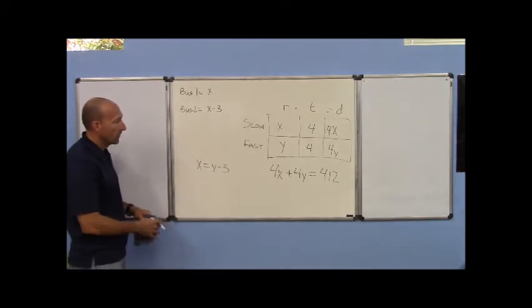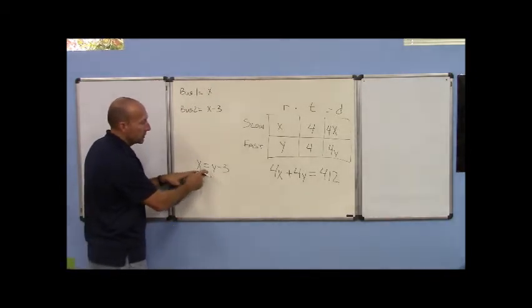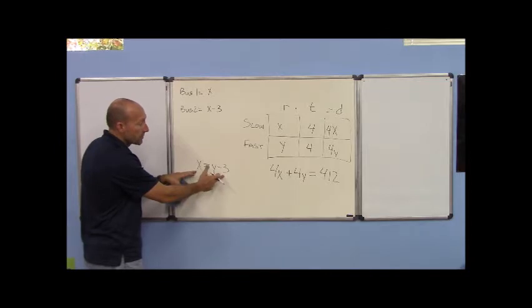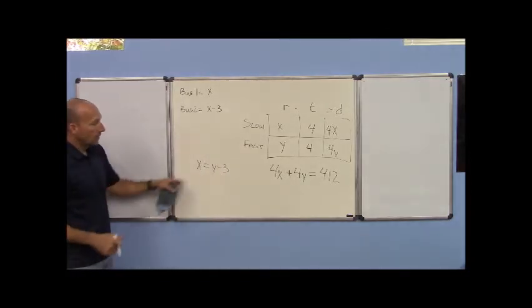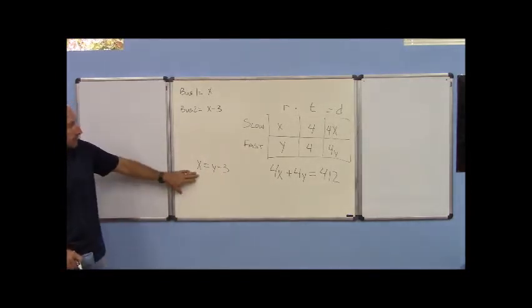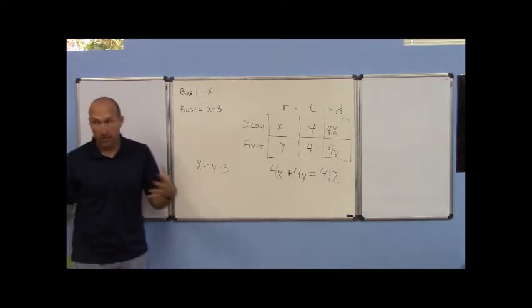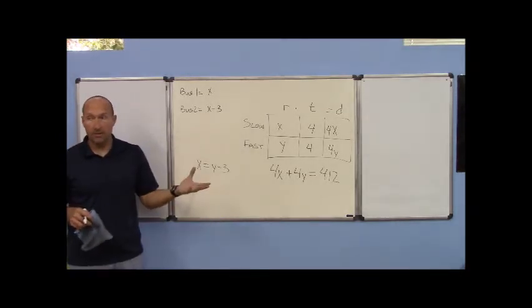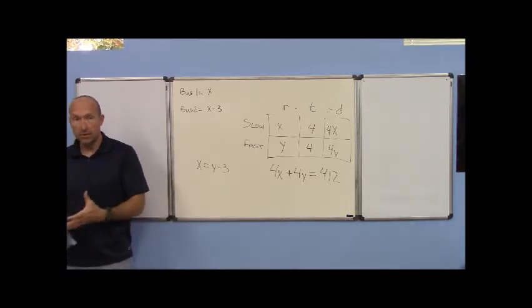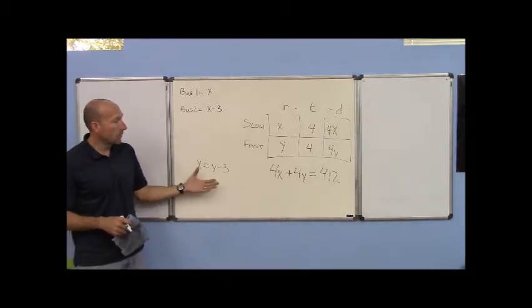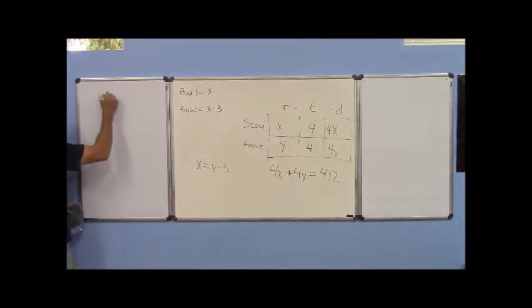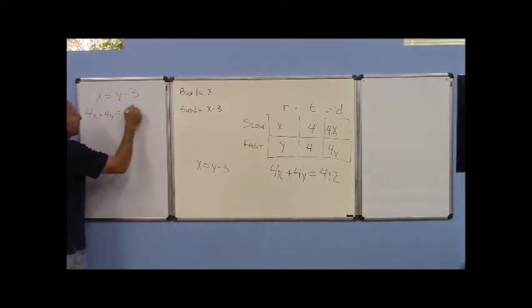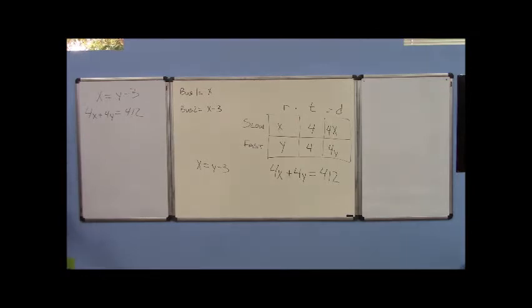We also know that the slow one is traveling 3 miles an hour slower than the fast one. Well, here we can use whichever method we want from what we've learned. We can use graphing, we can use substitution, or we can use addition. Here we're looking at these two equations, x equals y minus 3, and 4x plus 4y equals 412. Substitution is most likely going to be the one that we want to use because it's already set up that way.